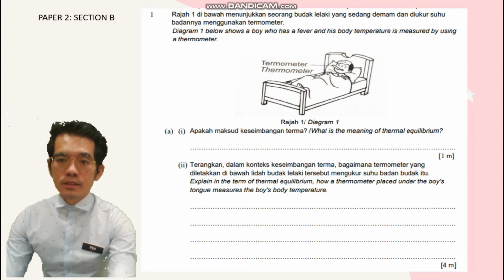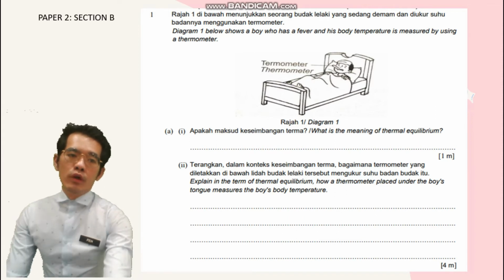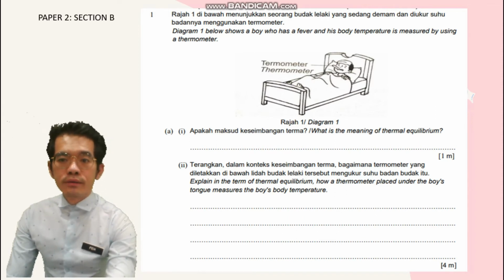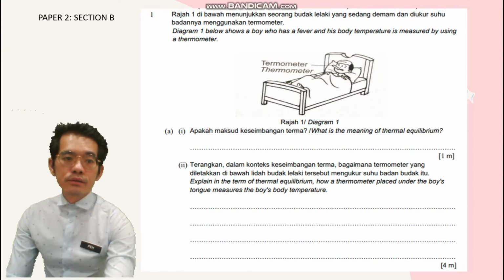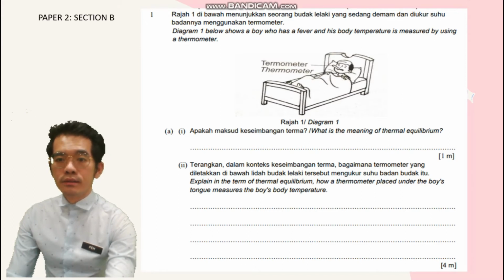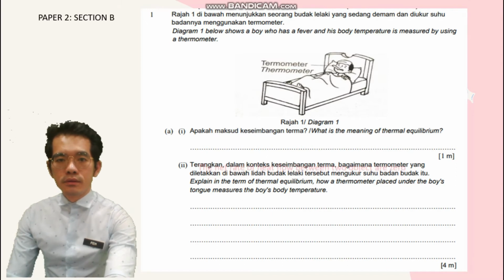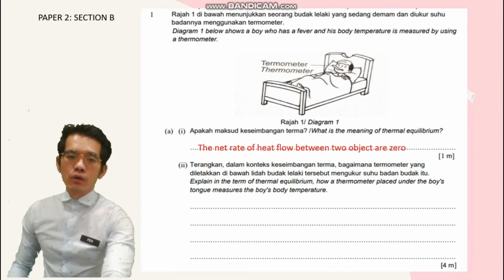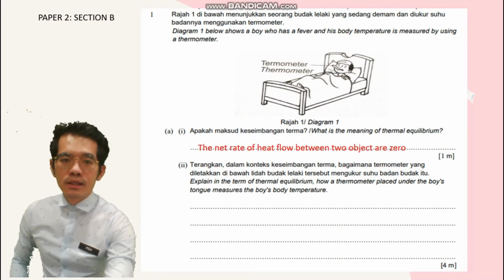So what is the meaning of thermal equilibrium? From the previous video, we know that thermal equilibrium means that the net heat transfer will be 0 and both objects will be at the same temperature. So the answer for this question you may write as the net rate of heat flow between two objects is 0.